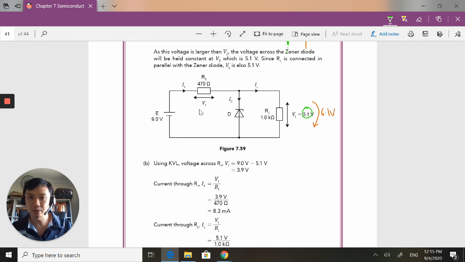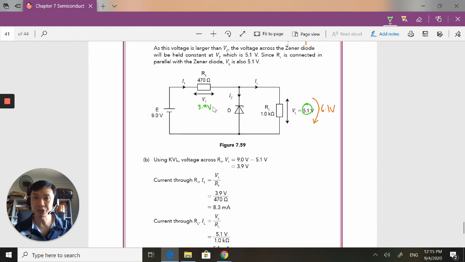So if this is 5.1, I know that V1 is 9 minus 5.1, which is 3.9 volts. Now bear with me, why am I doing this? Because let's do a complete circuit analysis here. If this is 3.9, I can find out the current going in here.